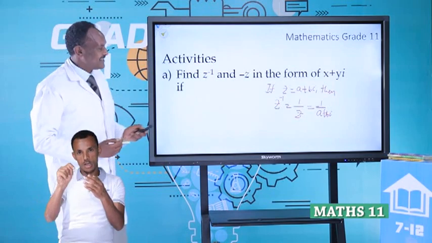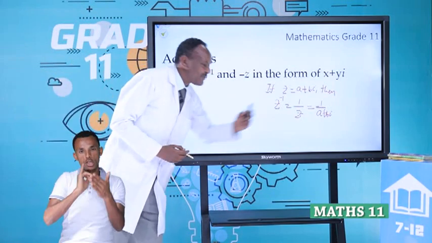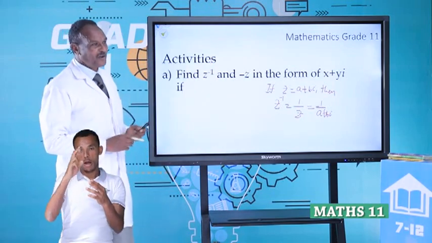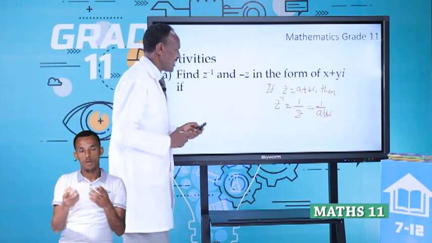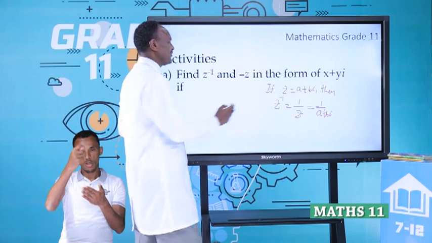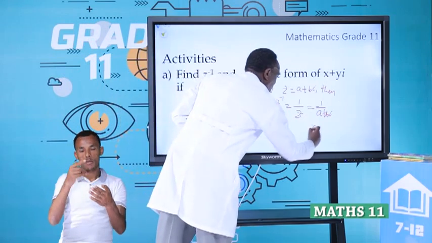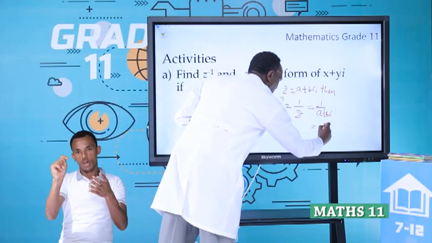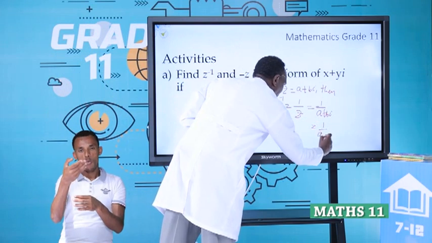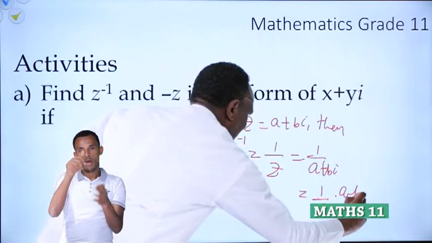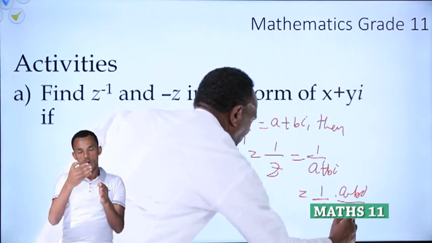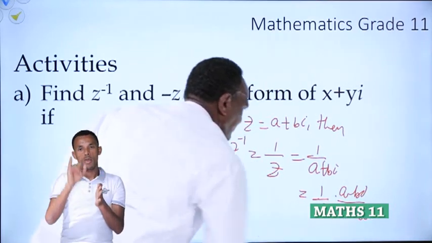But the problem is, what is the real part and the imaginary part of this complex number? To find that, you have to multiply this by the conjugate of the denominator: 1 over a plus bi multiplied by a minus bi over a minus bi.